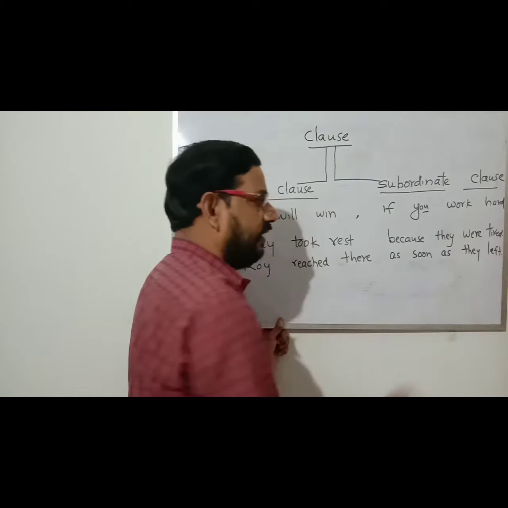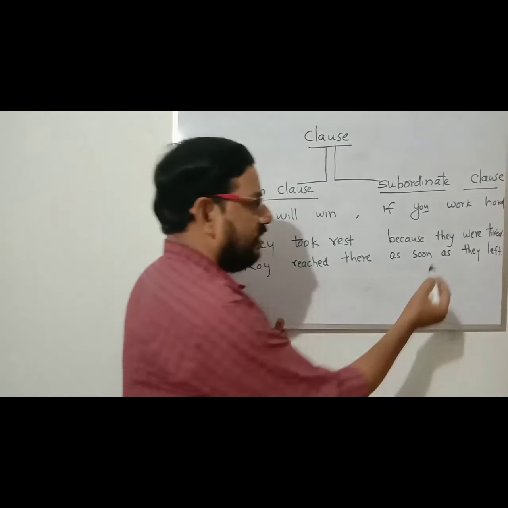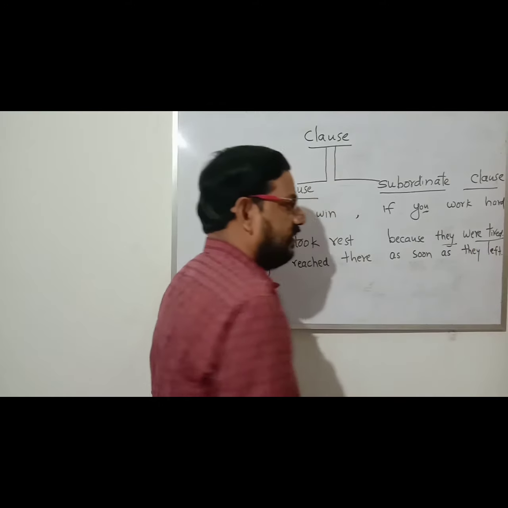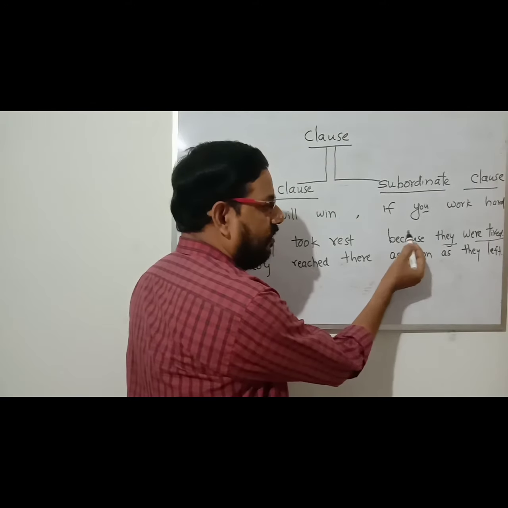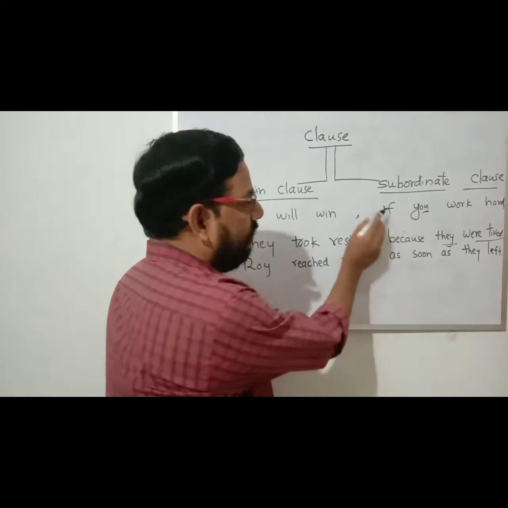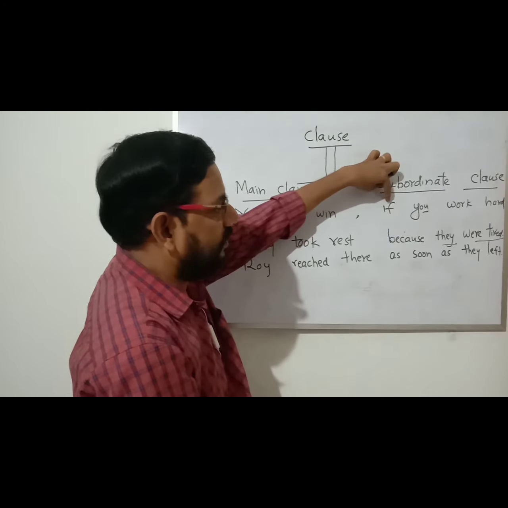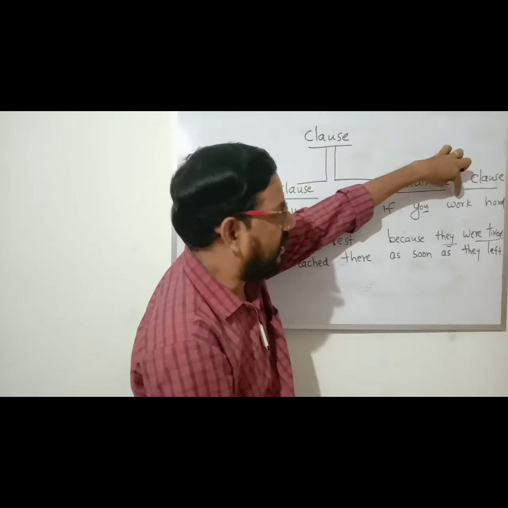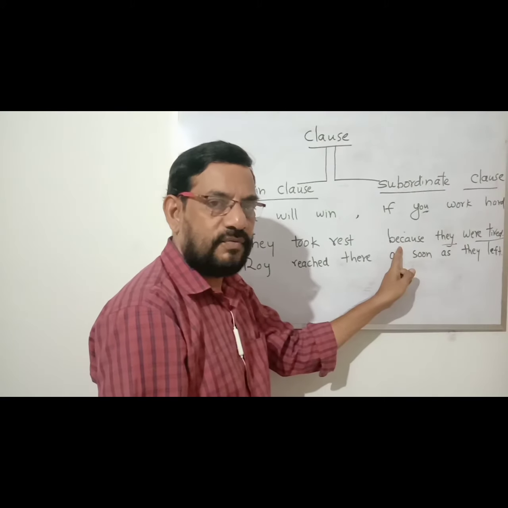In "because they were tired," you see the essential elements that must come in a clause, subject and predicate. Subject is "they," predicate is "were tired," but it is linked with a conjunction, a subordinating conjunction. "Because" is a subordinating conjunction, because this word makes this clause a subordinate clause. What type of conjunction?